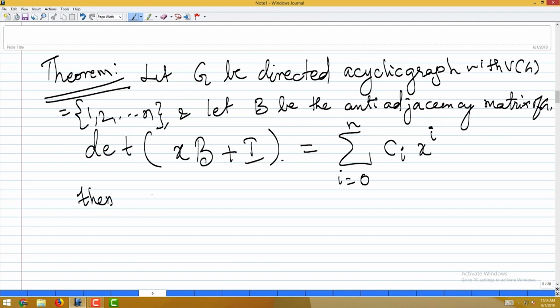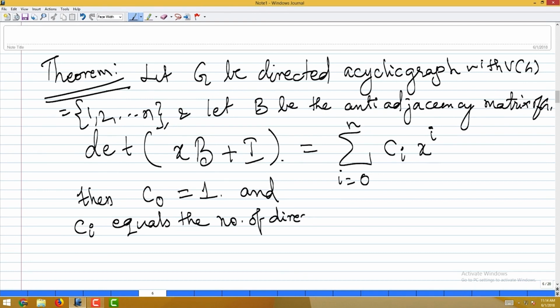Then the C naught, the constant term, is going to be equal to 1, and the coefficient C_i gives you the value that I was telling you. C_i equals the number of directed paths of i vertices, any i subset we could look at in G.